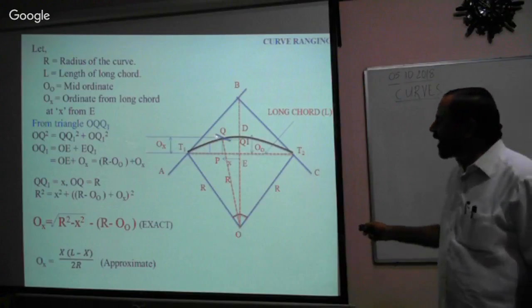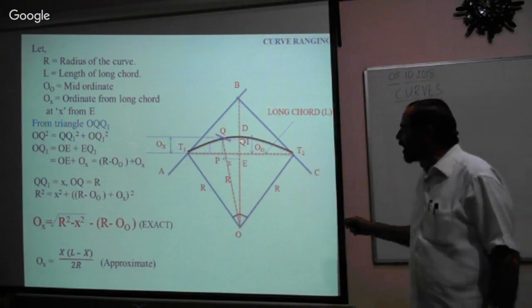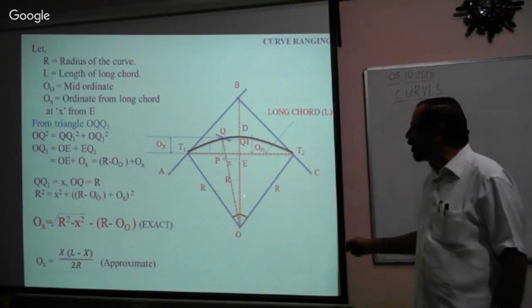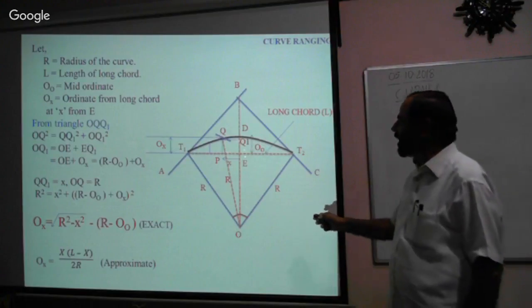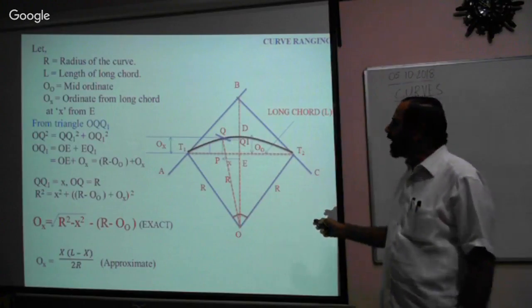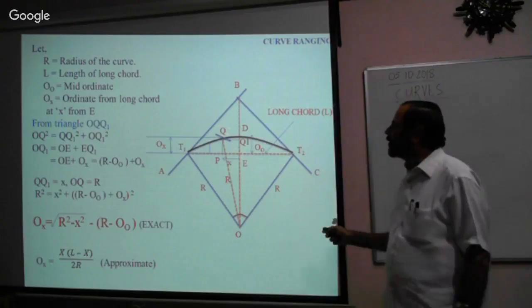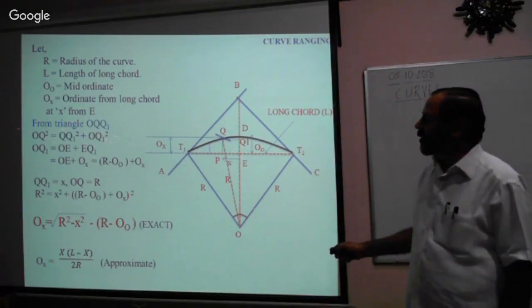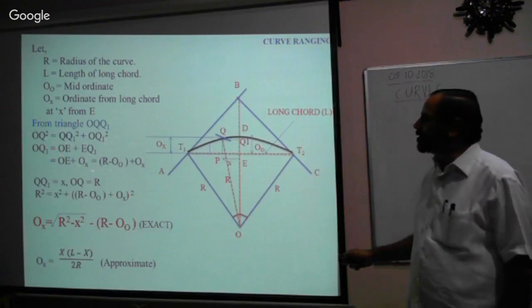This is the Pythagoras theorem we are applying to analyze this triangle OQQ1.